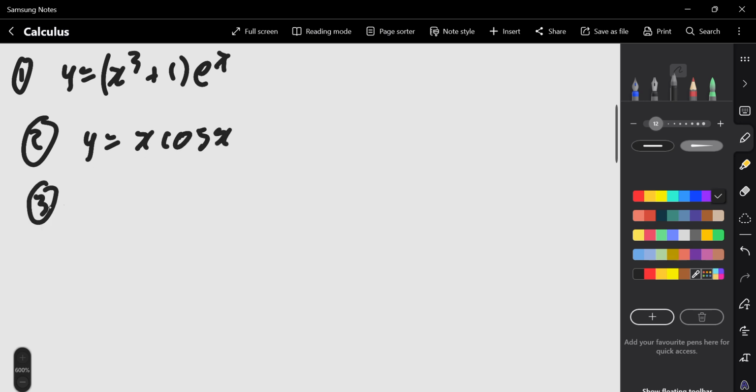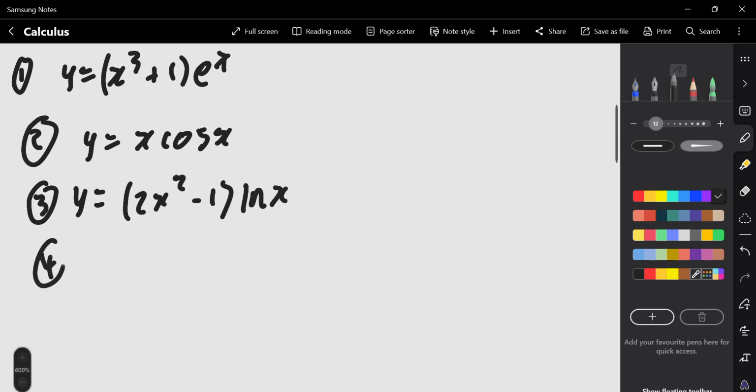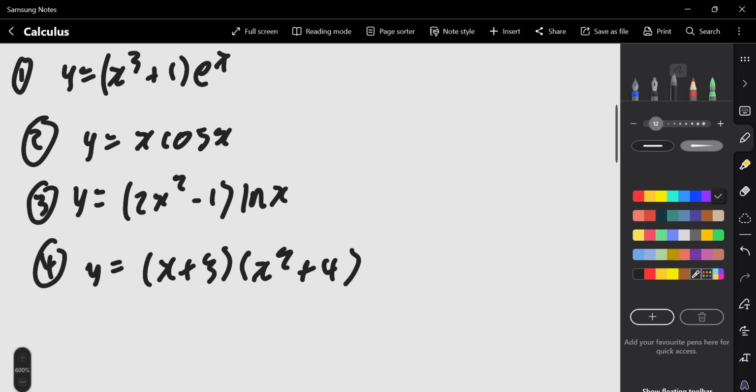Number three, y equals, let's do 2x squared minus 1, times ln x. And let's go number four, let's do a big one. x plus 3, times x squared plus 4. Pause and have a go. And tell me what you get.